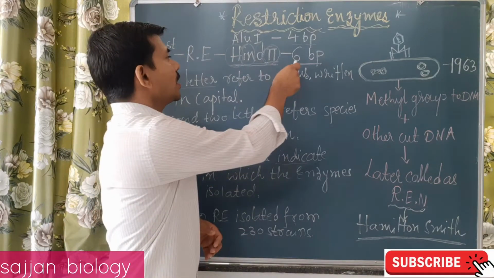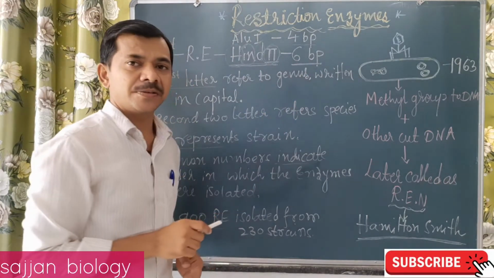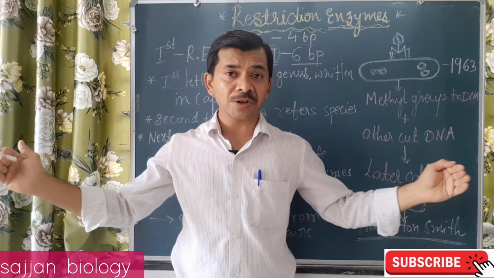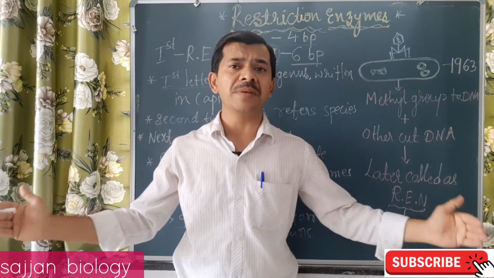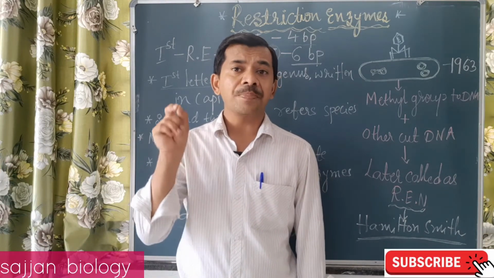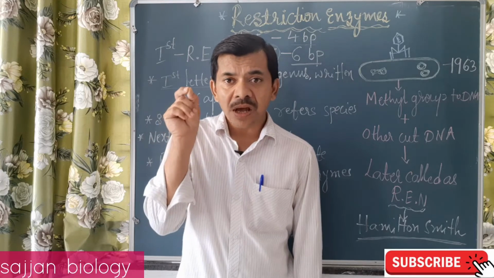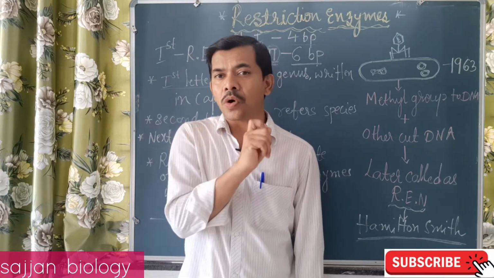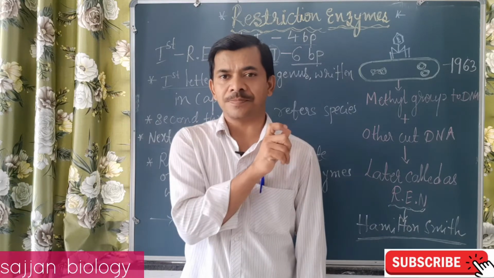You can see I have written here 6 base pairs. When you look into a long polynucleotide chain of DNA, it comprises many base pairs. In that, the restriction enzymes identify a site and cut it, and those sites are called recognition sites.